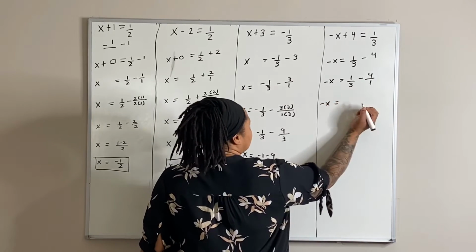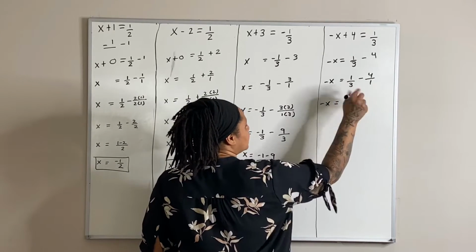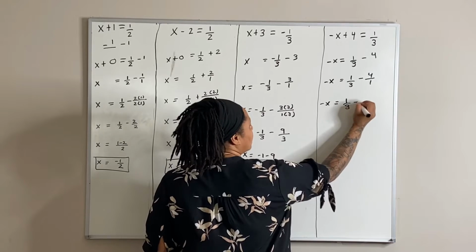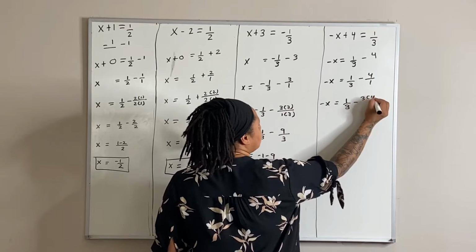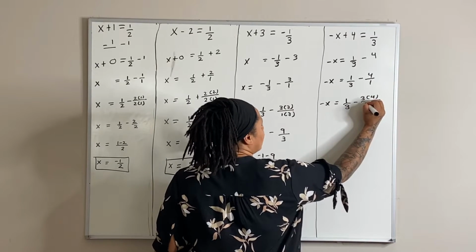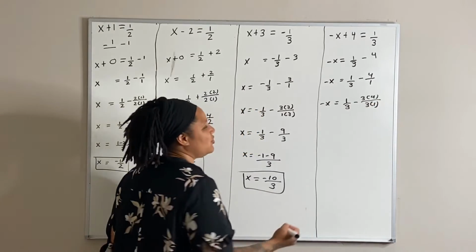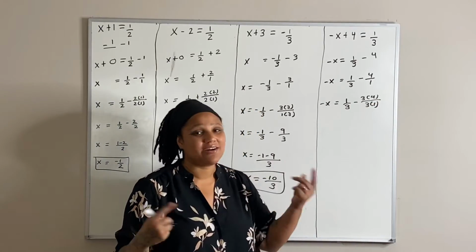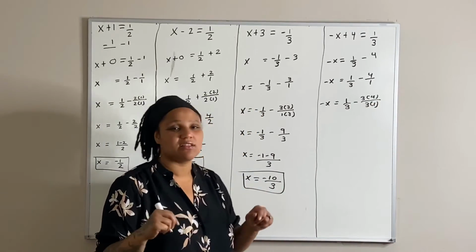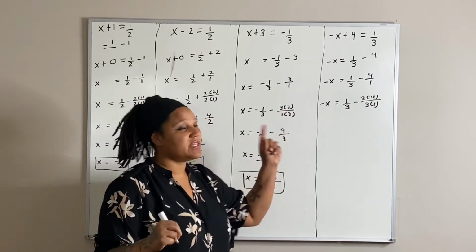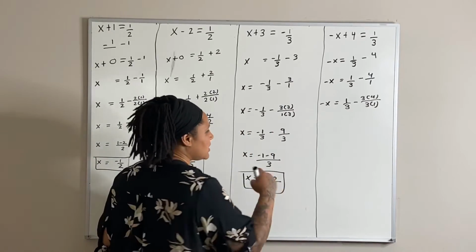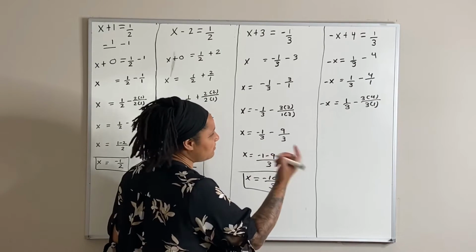And again, we need a common denominator, which is 3. So we have 1/3 minus 3 times 4 all over 3 times 1. Again, if you need to refresh your memory on how to add and subtract fractions, please click the link below, because I'm assuming that you already know this part. So I'm going through it very fast.